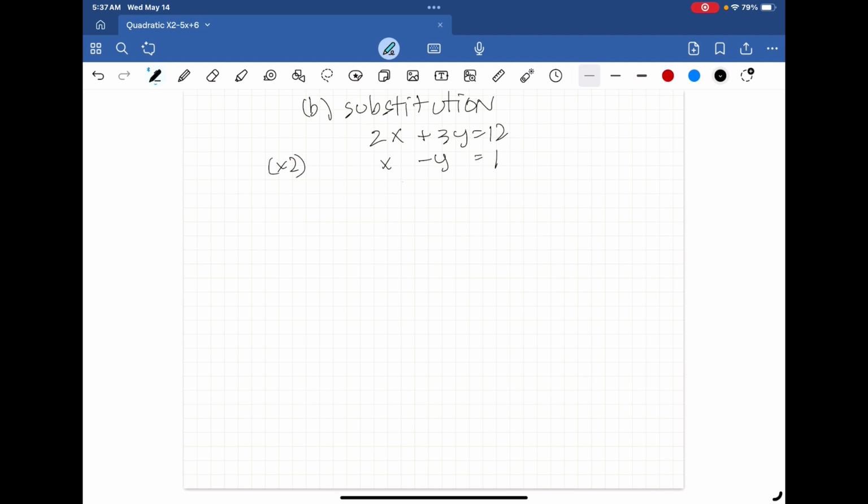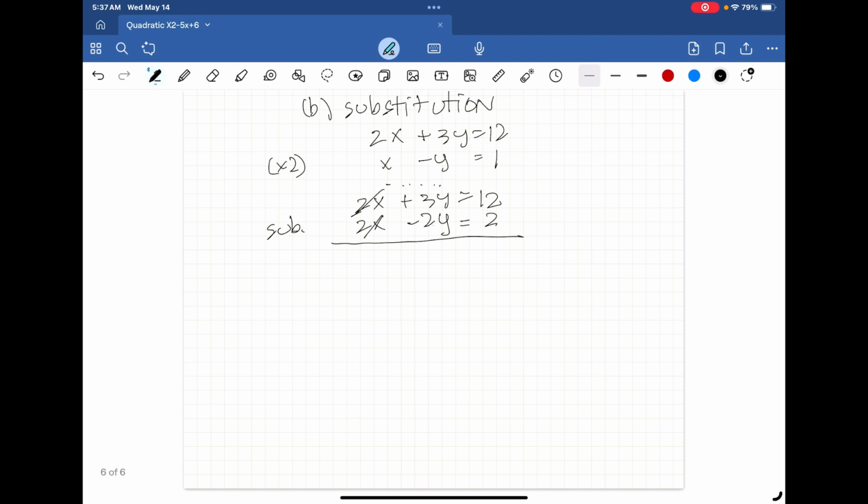So what we get now is the first equation remains unchanged, 2x plus 3y is equal to 12. Multiplying by 2, we're going to get 2x minus 2y is equal to 2. Now let's take these two equations and subtract. So the x terms go away.